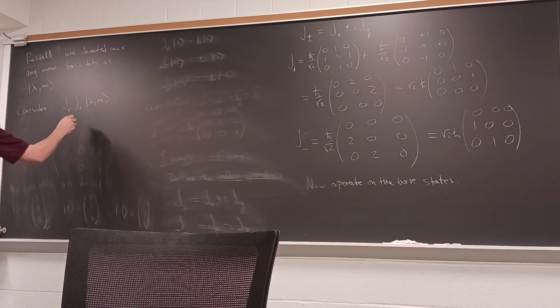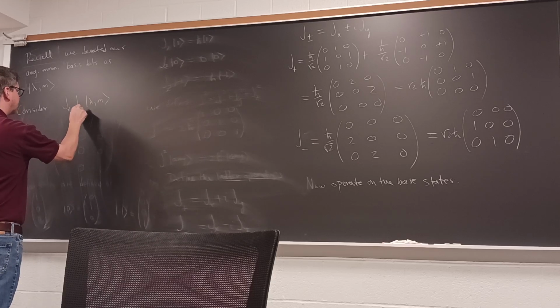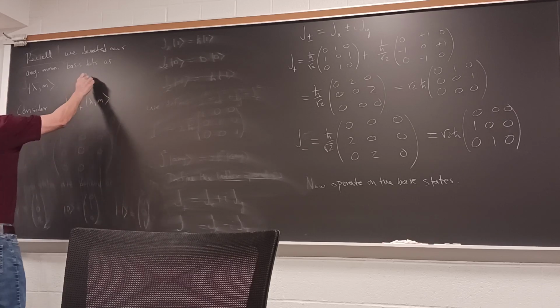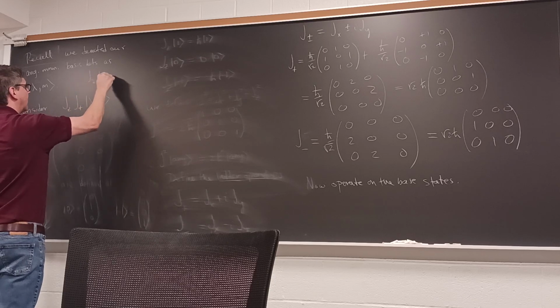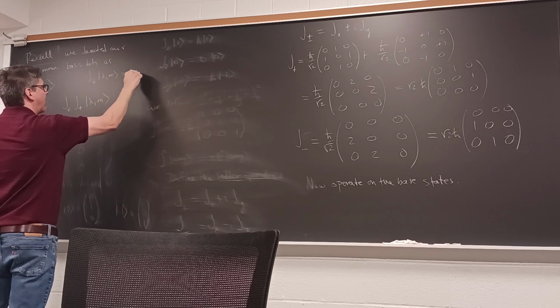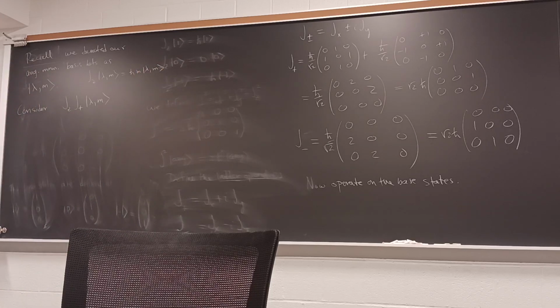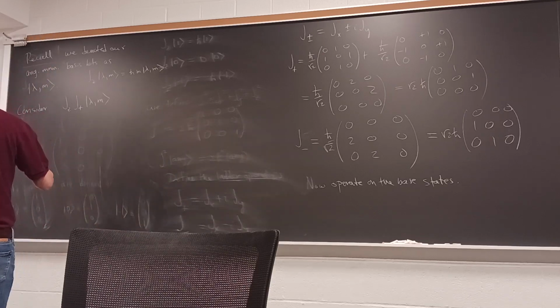Okay, so we don't know what j plus does to this ket, but we know what jz does because we already defined that. We defined that jz on lambda m was h bar m lambda m. That's all we know. So what do we have to do? We have to use the commutation relation that we just defined.